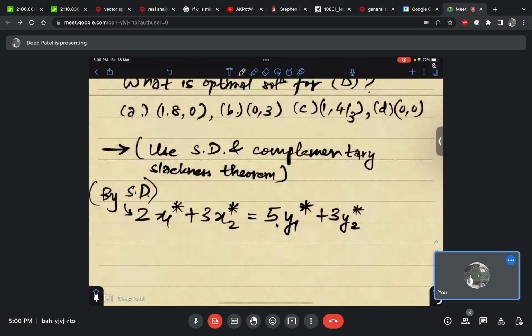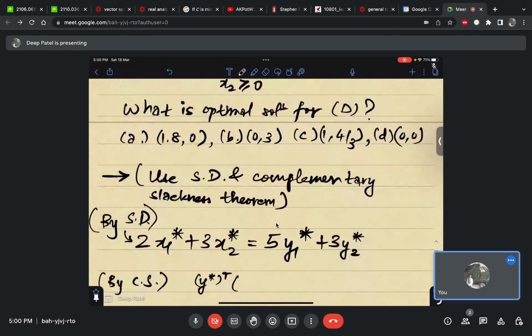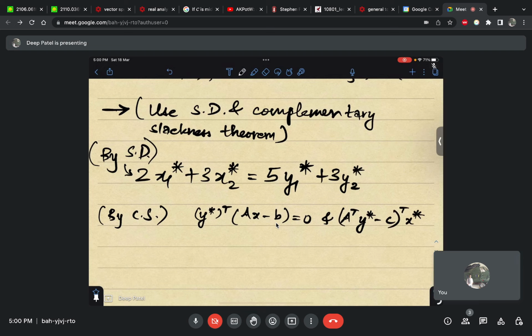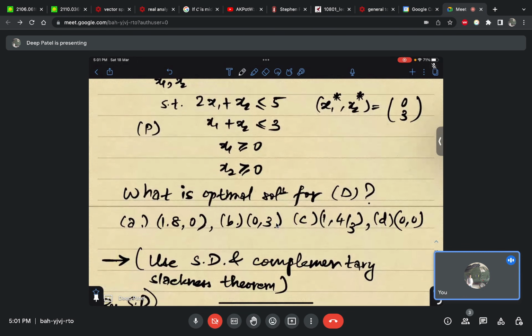Okay, and by complementary slackness, what will I get? So I have y star transpose. Let me write the constants later. My A here is 2 1 1 1.